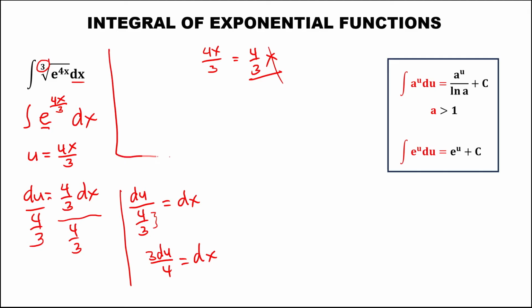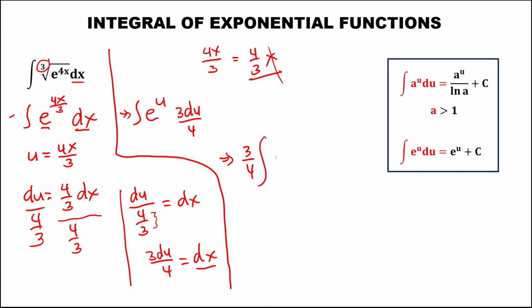So we can use now the u substitution. From this equation, we have the integral of e to the power u, and dx is equal to 3 du over 4. Then we need to put this 3 over 4 outside. So this becomes 3 over 4 times the integral of e to the power u du.